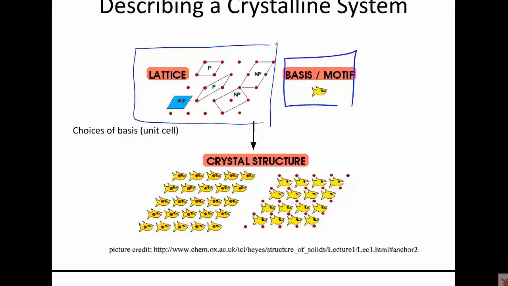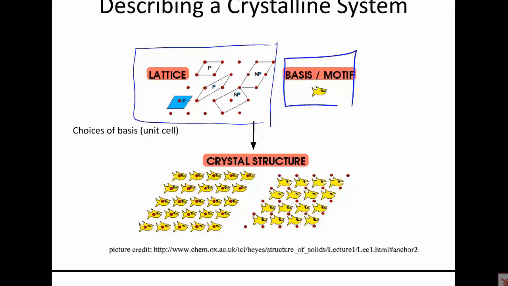If we place one fish at a fixed displacement from the lattice point, we will regenerate the same array of fishes, or generate an array of fishes that have the same arrangement.